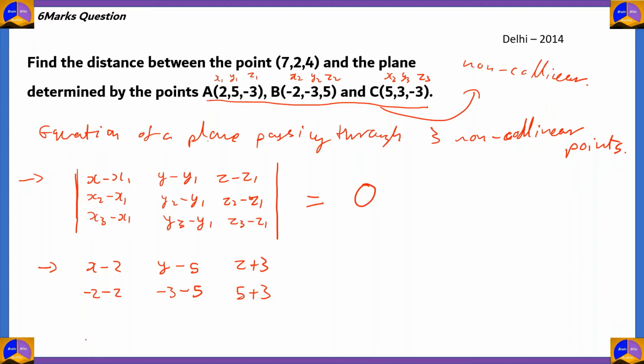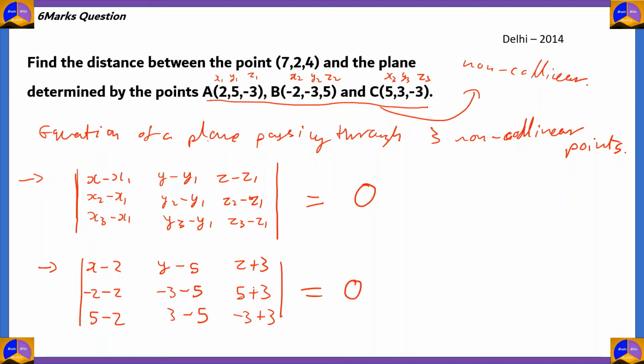Moving on to x3, y3, and z3, it'll be 5 minus 2, 3 minus 5, and minus 3 plus 3. The determinant of this will be equal to 0.